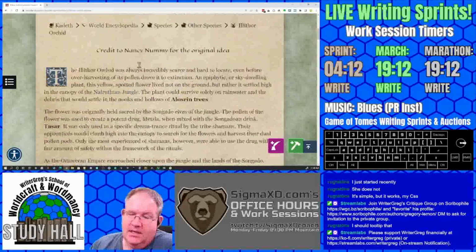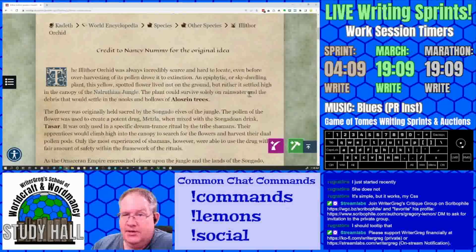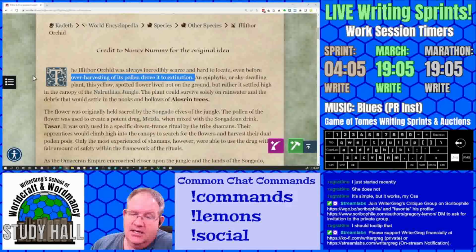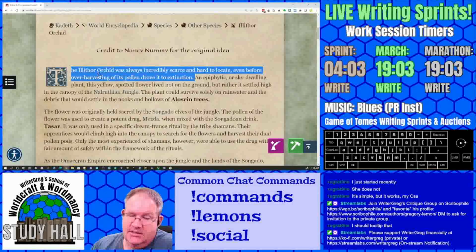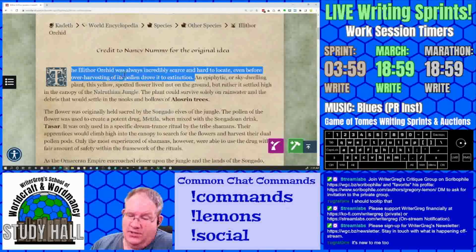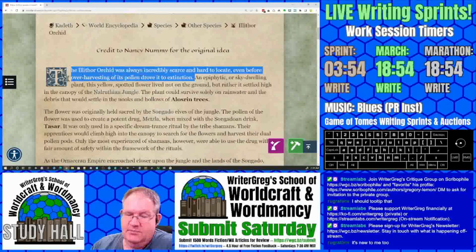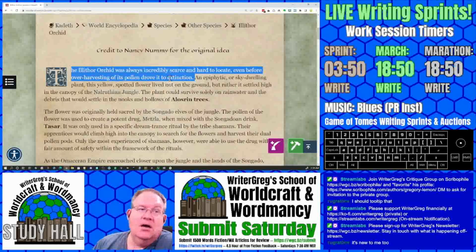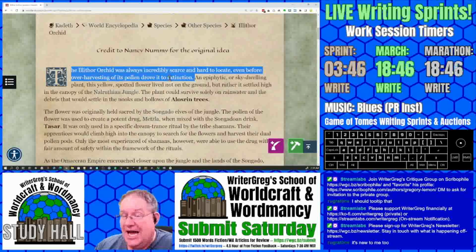Okay. Good first paragraph, but I'm a little bit confused on it, this first sentence. This is a heck of a sentence. The Illithor orchid was always incredibly scarce and hard to locate even before overharvesting of its pollen drove it to extinction. Okay, you do have a couple of ideas in this one sentence.